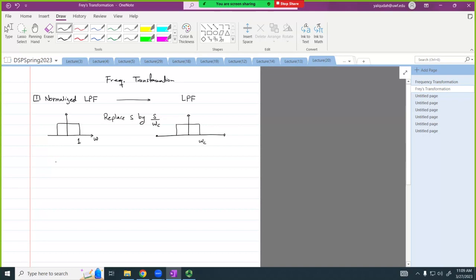The second filter. What happens if we have a normalized low-pass filter and we're going to convert it to a high-pass filter? Again, we have a filter that is from -1 to 1, and I want to convert it such that it looks something like this.